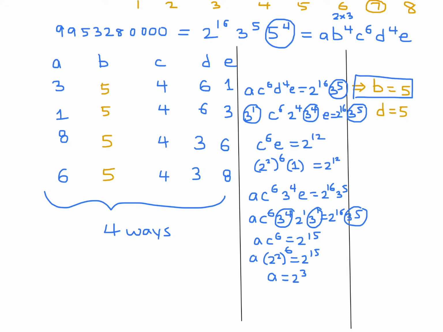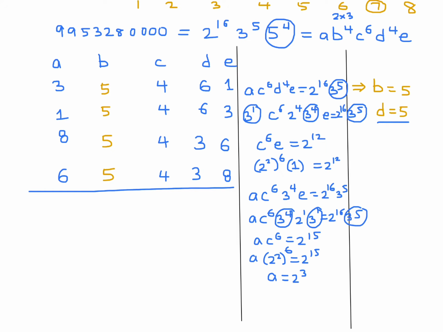And you will see that you will get the same sort of system if you do d equals 5, which is this one right here. If d equals 5, then you will have the 5 here, and you will be able to do the same sort of thing. It'll just kind of shift over. The d now becomes the b, and the b now becomes the d.